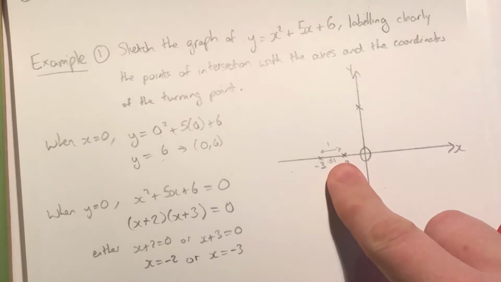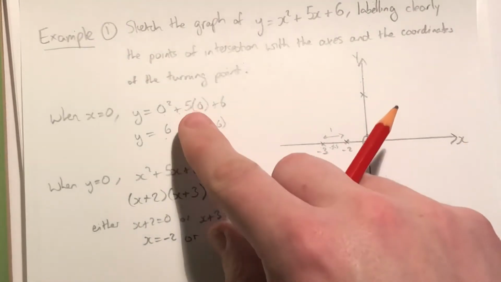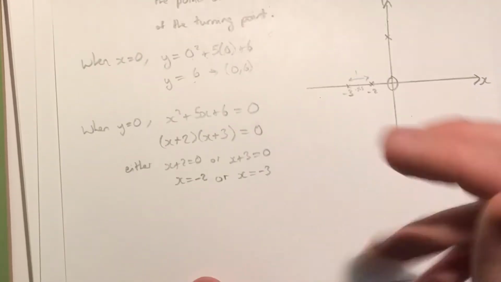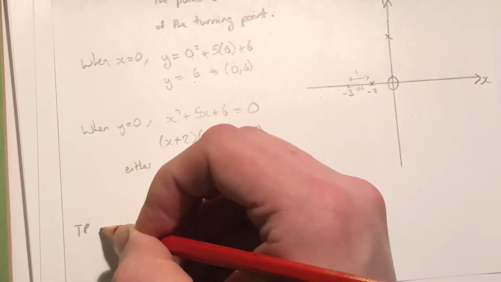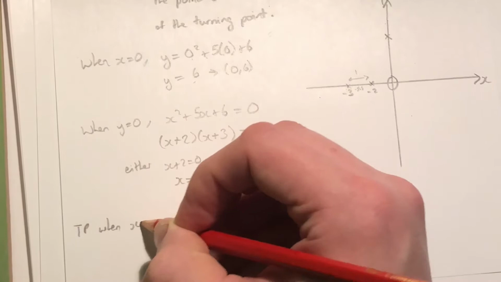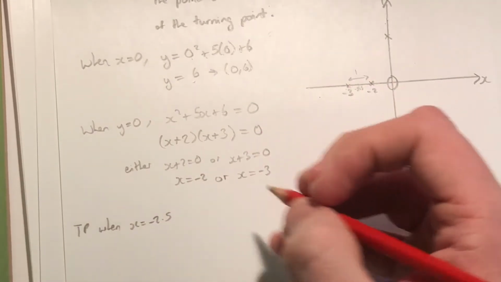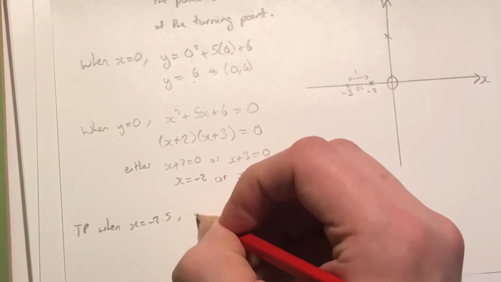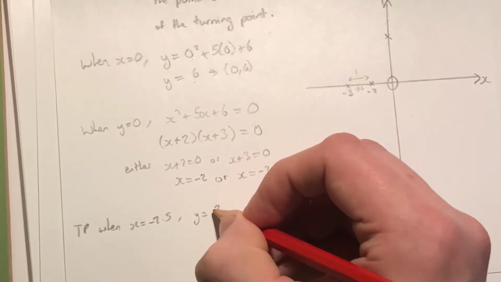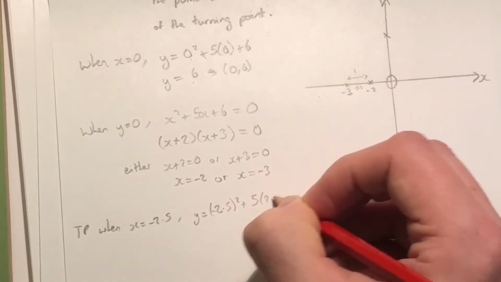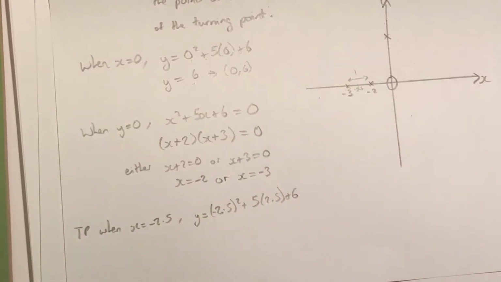Now, if x is equal to minus 2.5, we can substitute that back into this equation. So the turning point when x equals minus 2.5. Now, this is where we might end up needing a calculator. y equals minus 2.5 squared plus 5 times minus 2.5 plus 6. And if you've got a calculator, that's very, very easy to do.